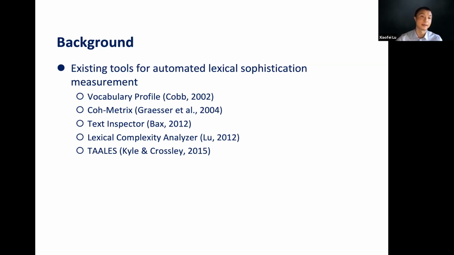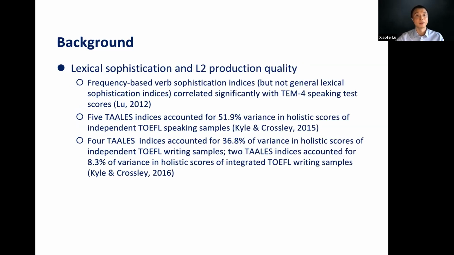So you can look at things like percentage of adverbs per sentence, for example. And then I had a tool in 2012, but in terms of sophistication, I only have 5 measures, all frequency-based, which I will show you in a little bit. And then TAALES is a recent development, which includes a very large number of indices, which we will also use in the current study. Okay.